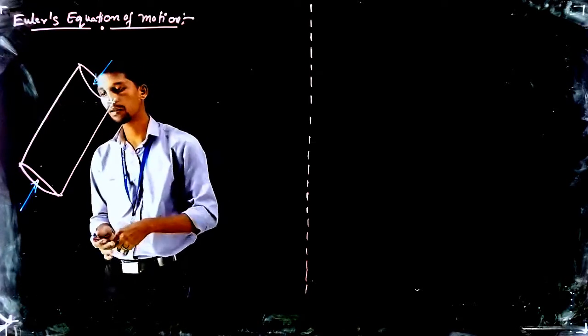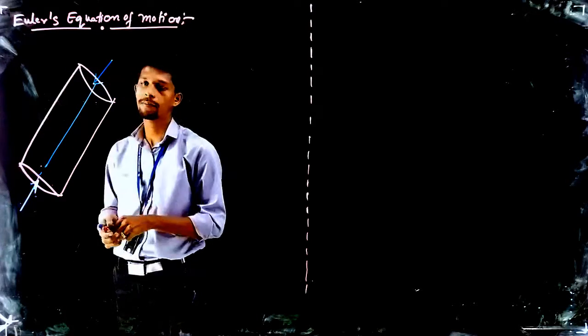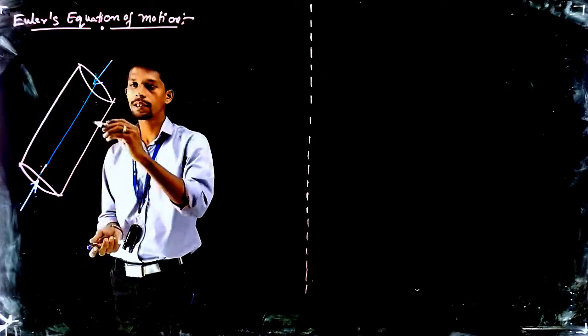So here on this face, this is the opposite face, right? So draw a line. This line represents the direction of flow. So here S is the direction of flow, right?